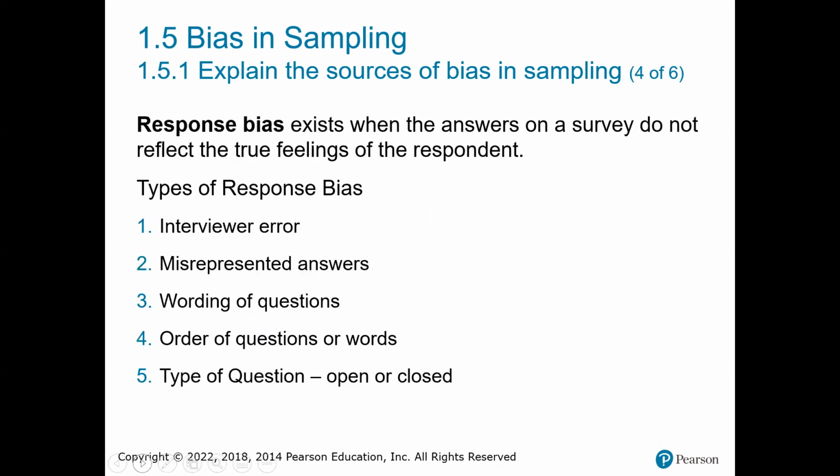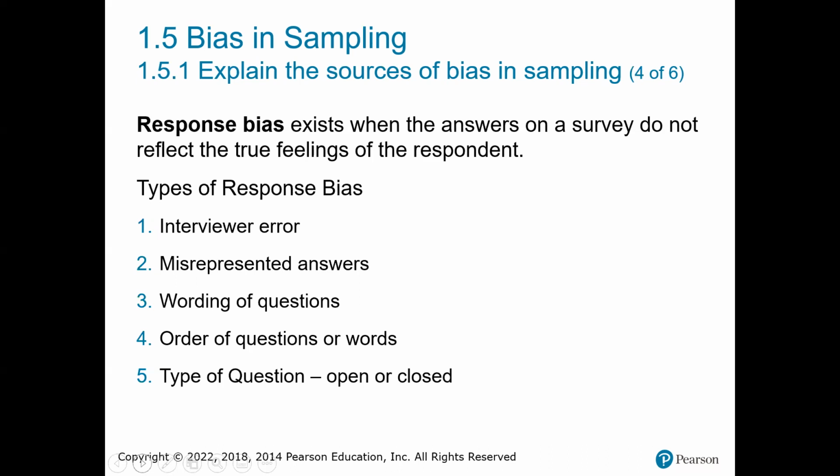Another one is called response bias. This is what happens when answers do not actually reflect the true feeling of the respondent. There are times when the respondent may not understand something. There are times the person giving the interview or asking the questions makes an error.